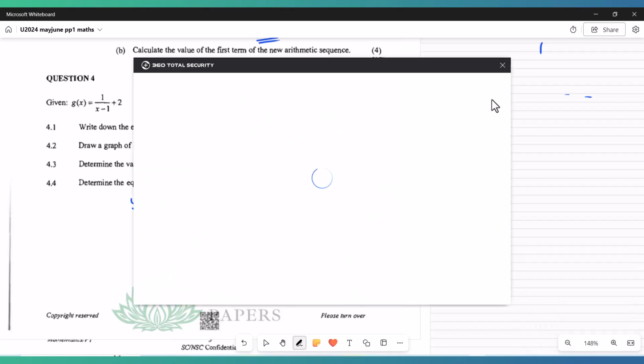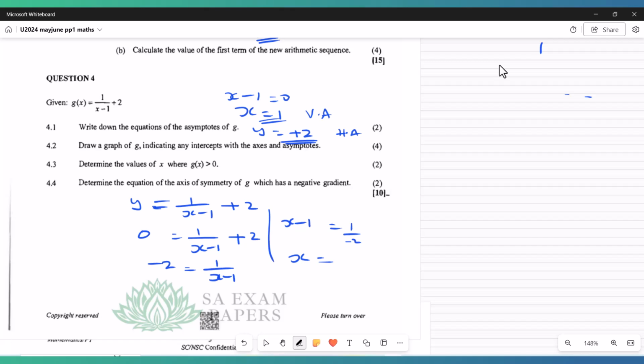So my x equals positive 1 minus a half, which gives x equals 1 over 2. So the intercept is (a half, 0).